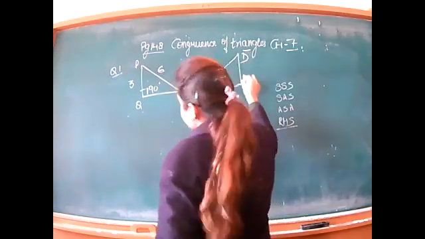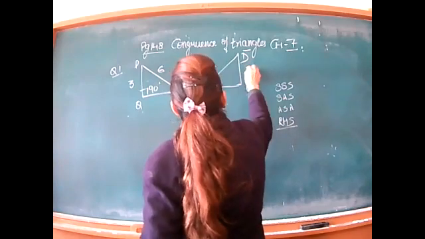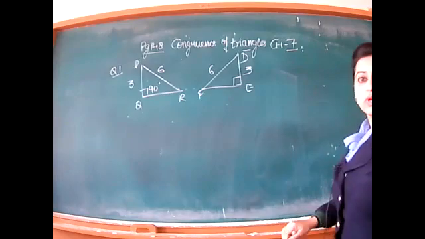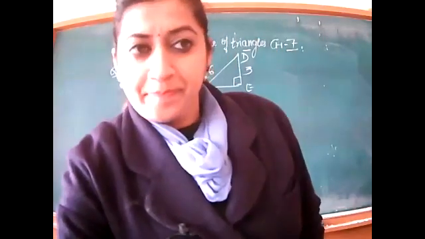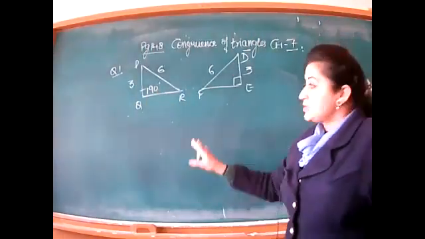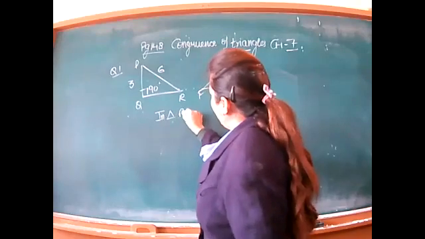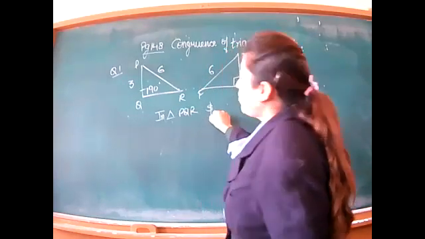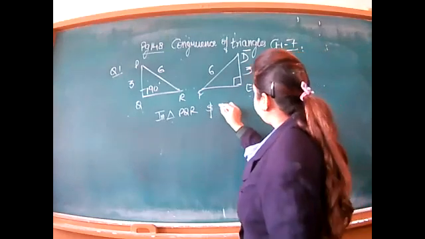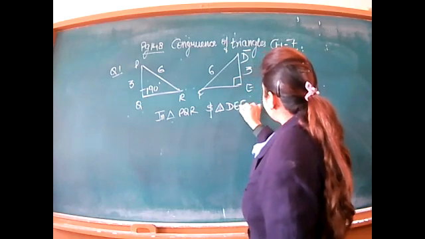This is DEF. This is 6, 3, and 90. Now look here. As you can see, the name of this triangle is PQR, and the name of this triangle is DEF.